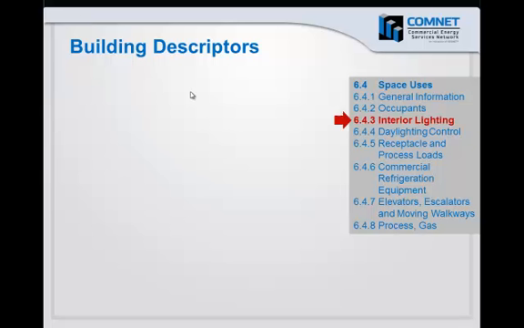Moving on to interior lighting, which is a big part of the space section. The building descriptors include regulated lighting power. This is the lighting power for general purposes, which is covered by the scope of 90.1.